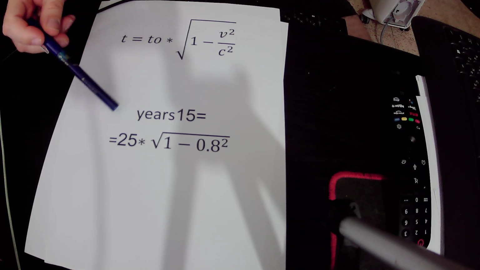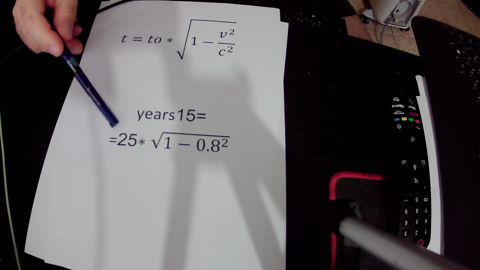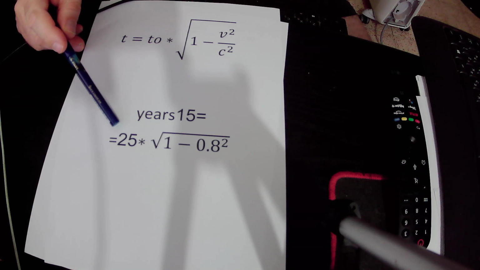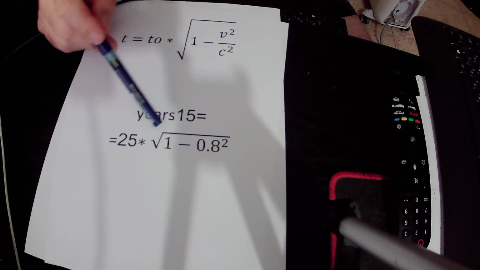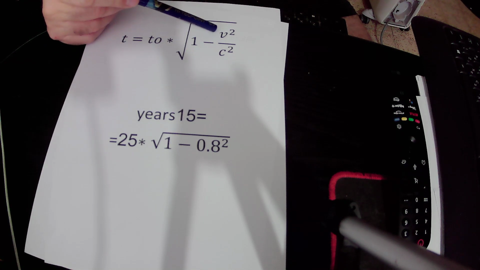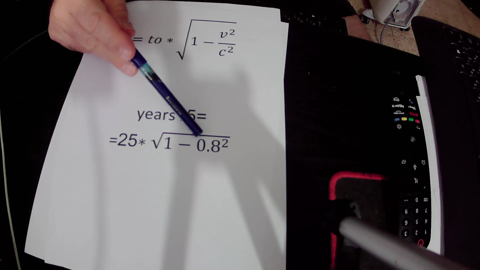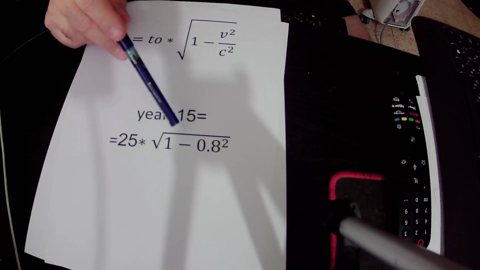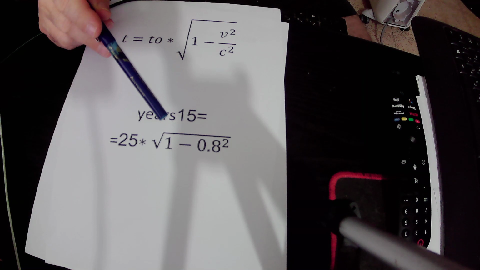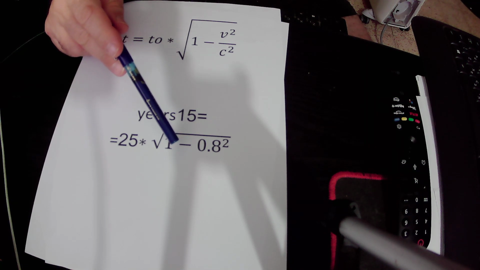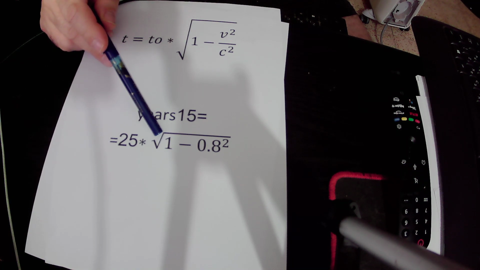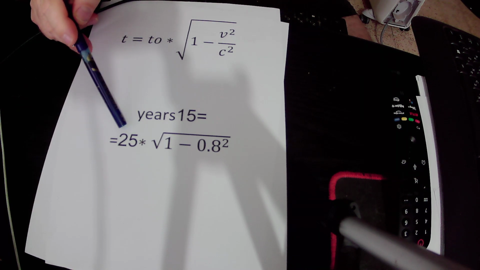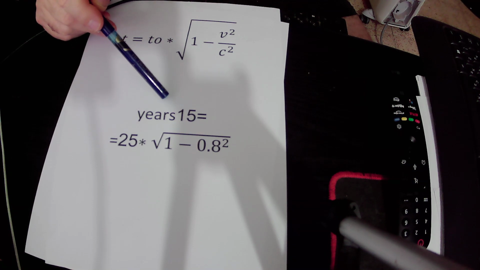So in our example, on Earth, the time that has passed during all the journey is 25 years, and we multiply it by the root of 1 minus v squared over c squared, that is 240,000 kilometers per second divided by the speed of light, squared. v divided by c is 0.8, and we square it, and 1 minus 0.8 squared is 0.36, and the root of 0.36 is 0.6, and 0.6 times 25 equals 15 years.